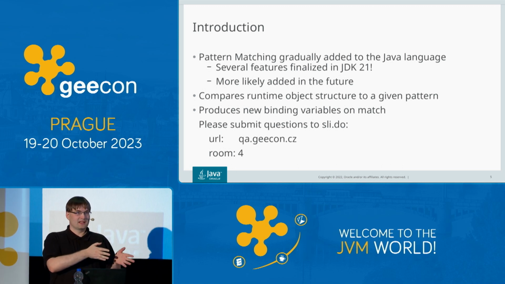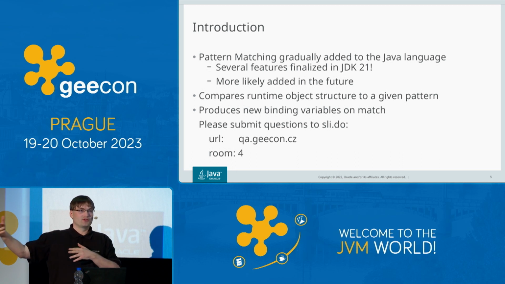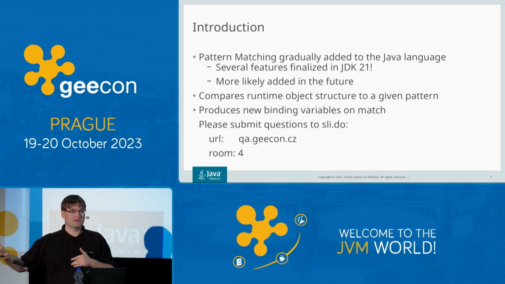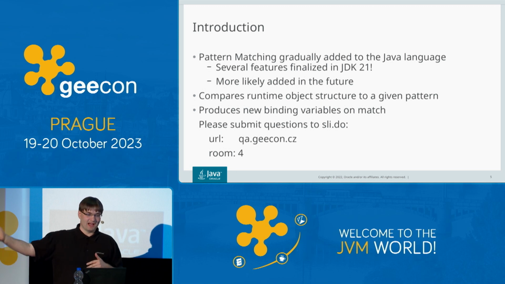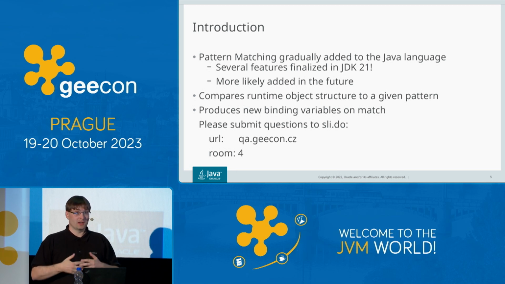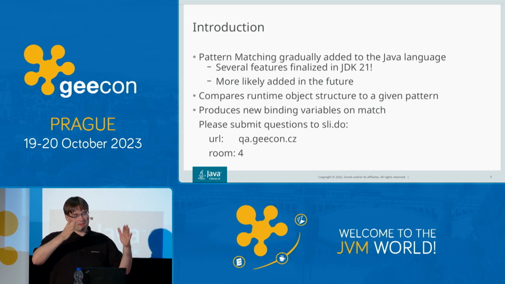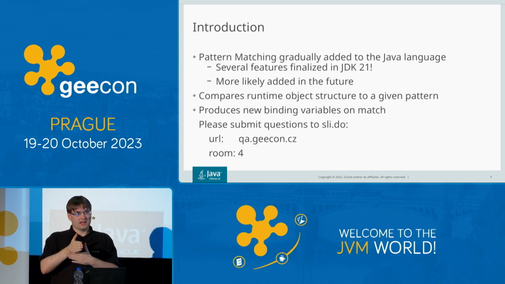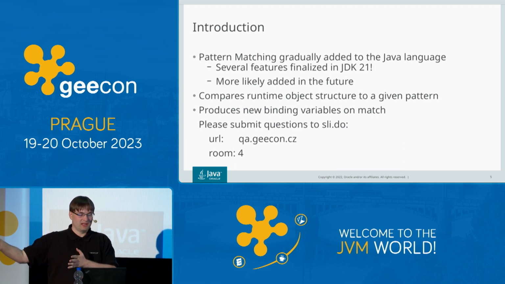We basically started with switch expressions in JDK 12. And I assume we will continue adding pattern matching features and related features for some time in the future. And today I would like to talk about what's in JDK 21, what you can use now, and what there may be in the future.